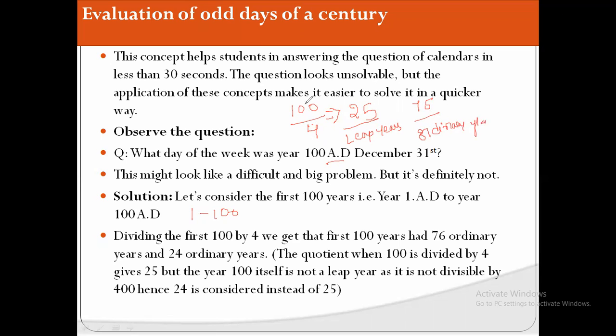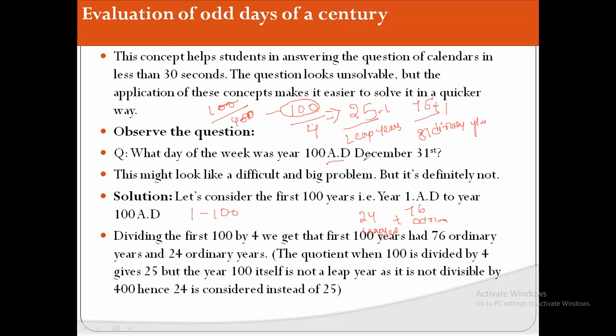But the 100th year is a century, and a century should be divisible by 400 to be treated as a leap year. It is not, so the 100th year will not be a leap year. So we subtract 1 from leap years and add it to ordinary years. Finally, we conclude 24 leap years and 76 ordinary years.